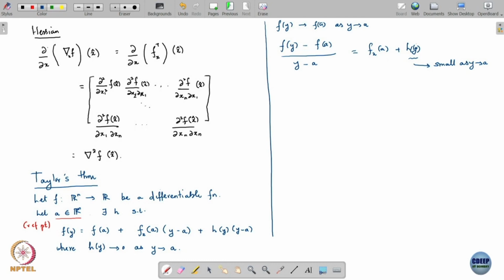So all of optimization is about how fast different quantities converge. The relative rates at which different quantities converge is something that we keep exploiting all the time in optimization. That is why an estimate like this one, which comes from Taylor's theorem, is a cornerstone of optimization.